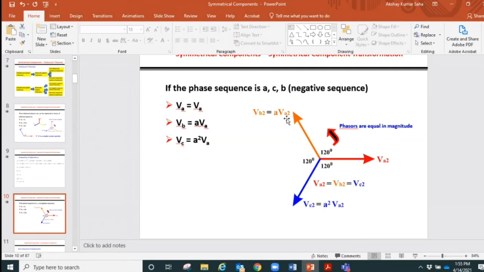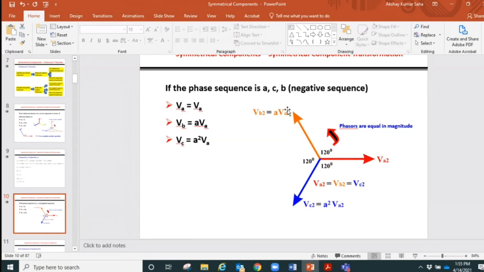So VB2 will be a times VA2, because it's 120 degrees. If you operate on VA2 by 120 degrees, meaning the complex number operator a, you will reach there. And then you apply it once again, and you find that it's actually a squared. So VC2 is a squared VA2. So that's the negative sequence.